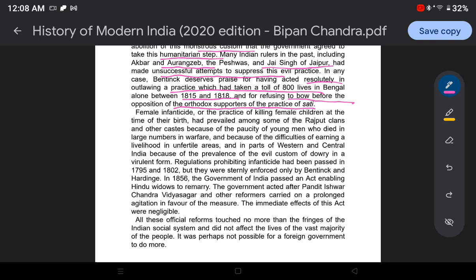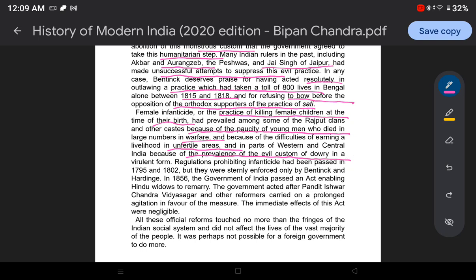Female infanticide, or the practice of killing female children at the time of their birth, had prevailed among some of the Rajput clans and other castes because of the paucity of young men who died in large numbers in warfare, and because of the difficulties of earning a livelihood in unfertile areas and in parts of western and central India because of the prevalence of the evil custom of dowry in a virulent form.